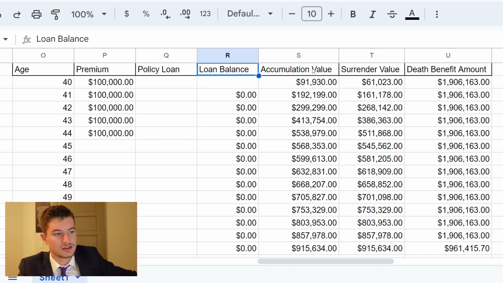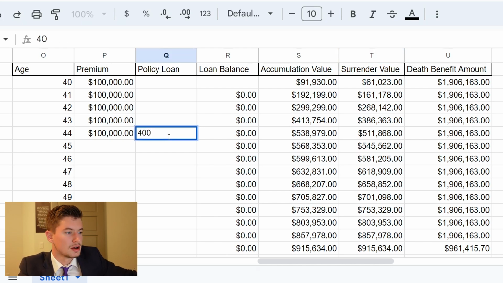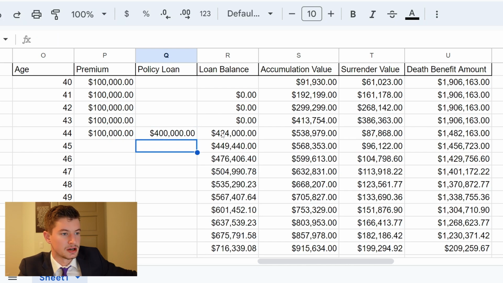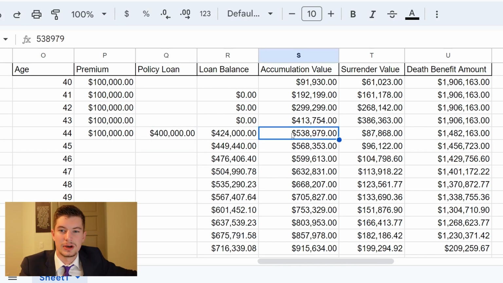Next is our accumulation value. This is how much money we actually have working for us. The reason that's different than the surrender value: the surrender value is how much we have access to. So for example, if we took a $400,000 loan this year, we might still have the same accumulation value. So that's how much money is working for us. We have $538,000 there.